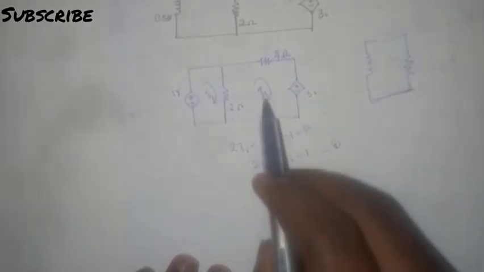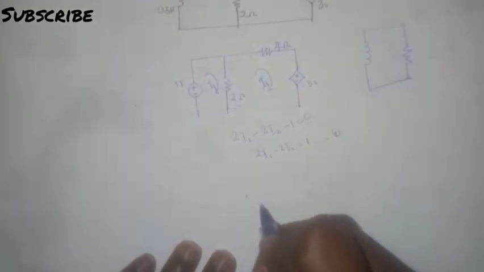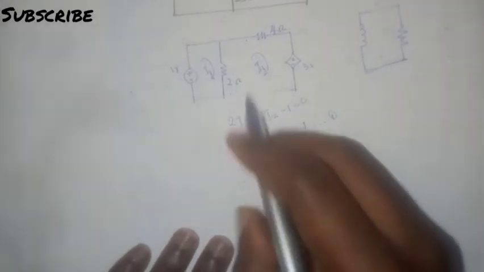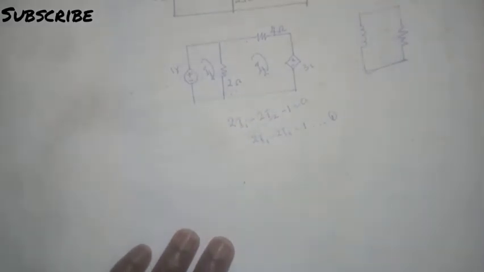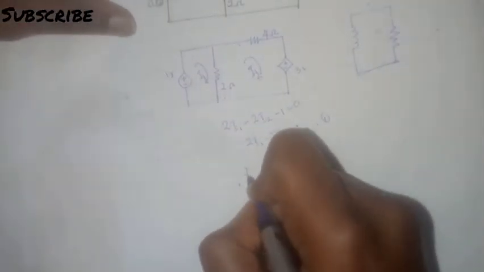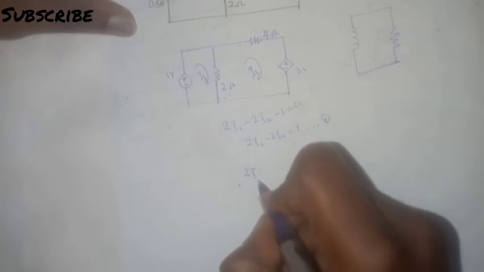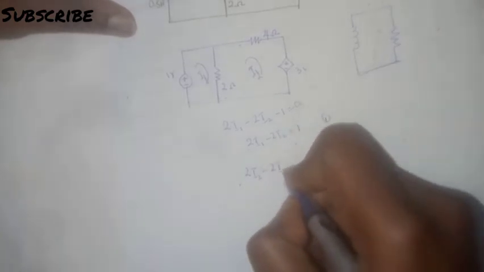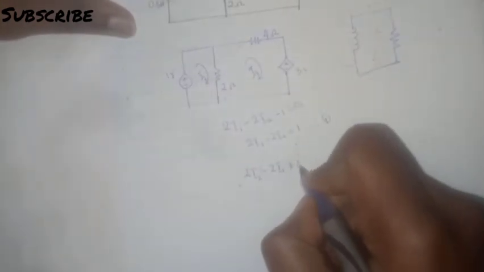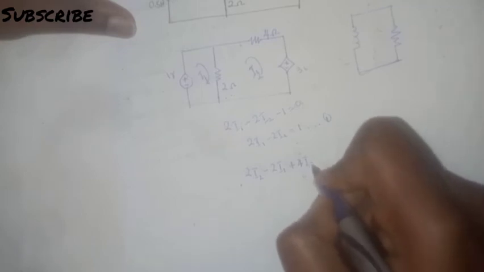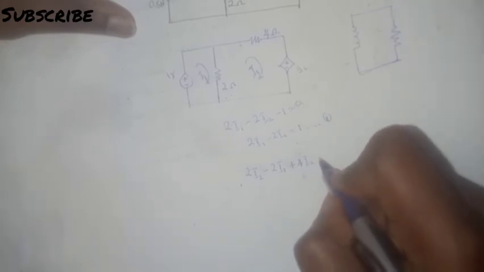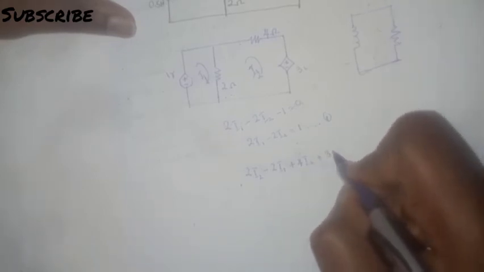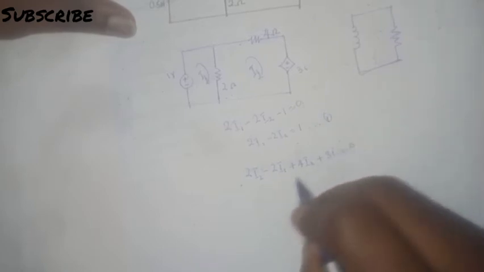Then we can proceed to mesh 2, and in mesh 2 we can write 2I2 minus 2I1 plus 4I2 plus 3I equals 0.